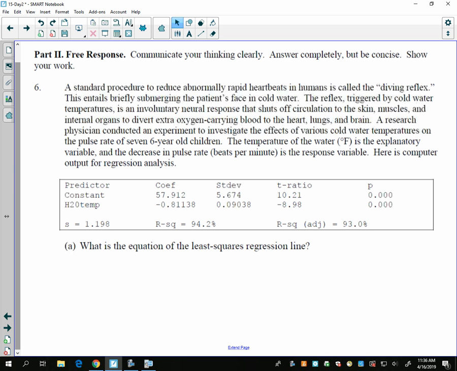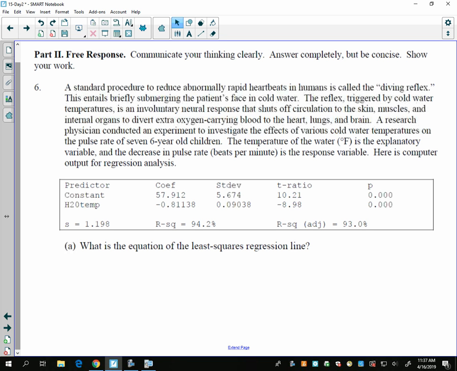Okay. A standard procedure to reduce abnormally rapid heartbeats in humans is called the diving reflex. These are interesting questions. This entails briefly submerging the patient's face in cold water. The reflex, triggered by cold water temperatures, is an involuntary neural response that shuts off circulation to the skin, muscles, and internal organs to divert extra oxygen-carrying blood to the heart, lungs, and brain.